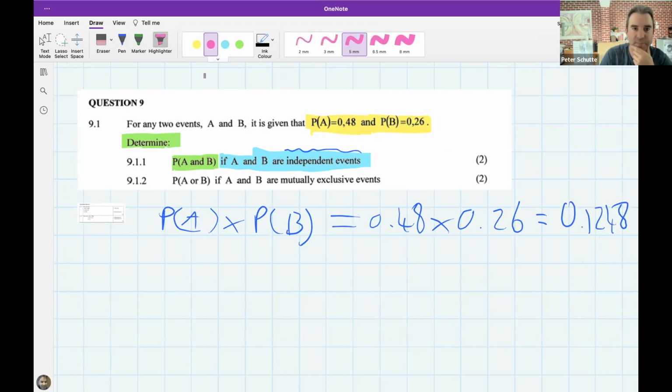Okay, final question. Find P(A or B) if they are mutually exclusive events.